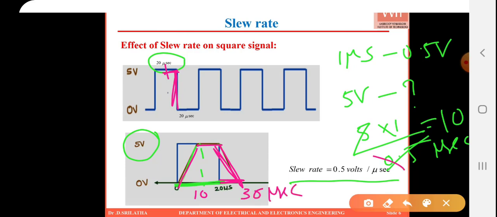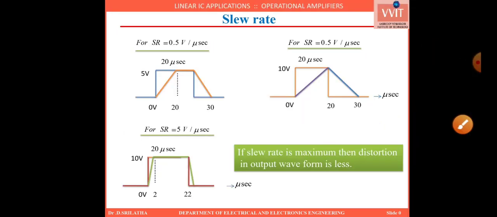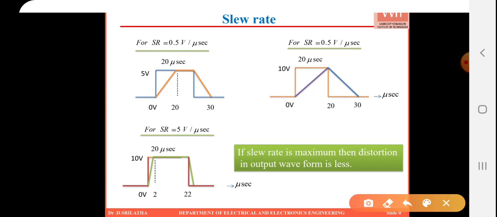So because of this slew rate, the output of operational amplifier will not change suddenly as per the input signal. It will take certain time. So that's why the shape of output waveform produced at the output of operational amplifier will be different from the input signal. So like this, here we can see several variations in the output waveform due to the slew rate and the time period.